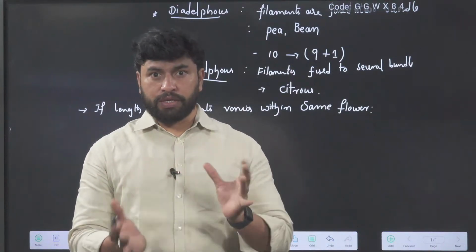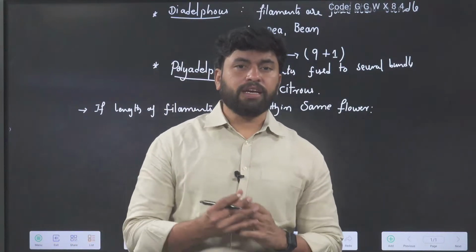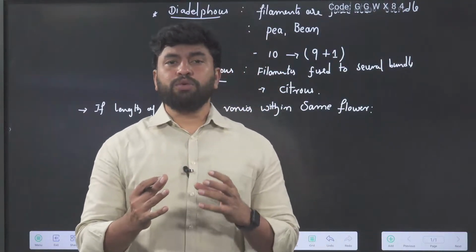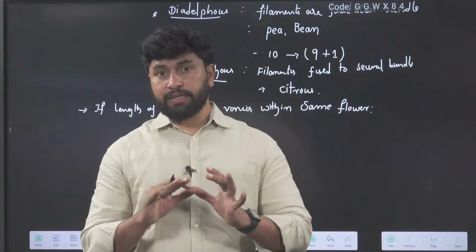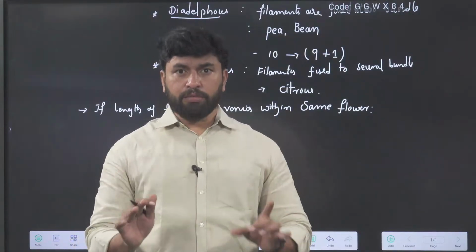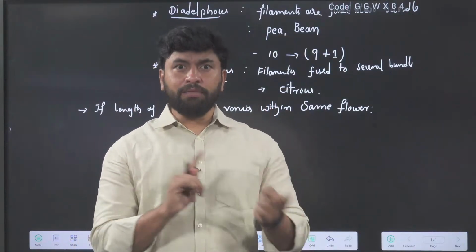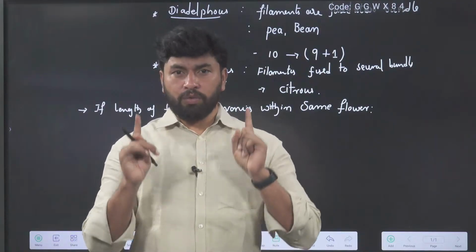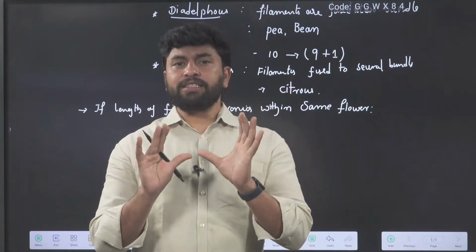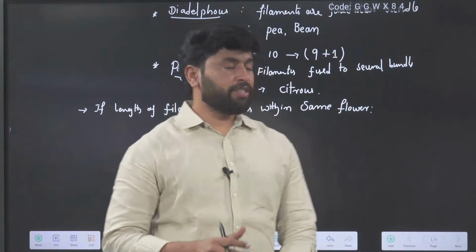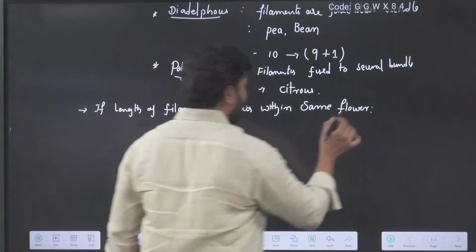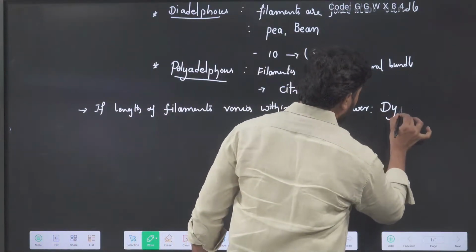That's a different story. We will discuss it. It is a kind of ability to modify a flower for cross pollination. That we will discuss later. Here I am talking about within one flower, not in between two flowers. Within one flower, there are changes happening in their filament length. This feature, we will consider it as dynamous nature.